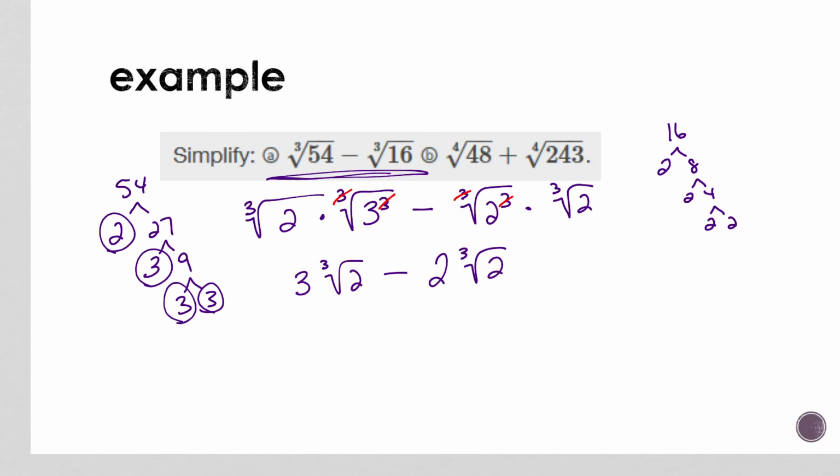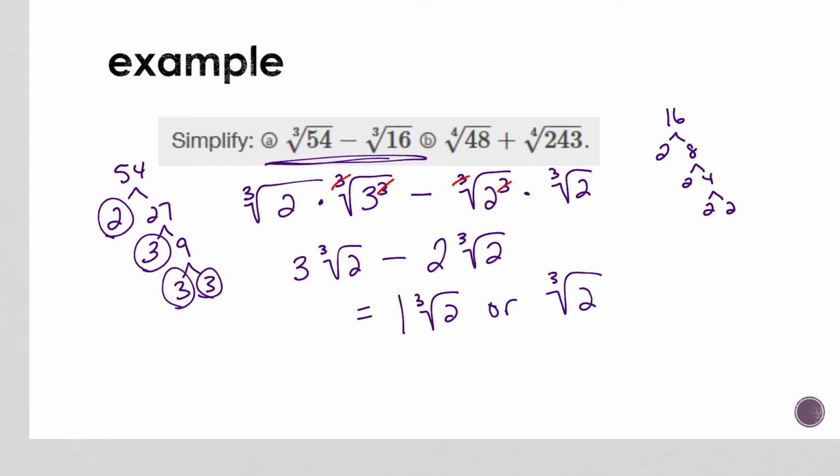Now we can go ahead and subtract 3 minus 2, and you end up with 1 cube root of 2, or you could write it as just the cube root of 2. Okay? This right here is the most simplified way to write this. We understand that there is a 1 in front. We don't have to write it though, okay? All right, let's look at part B.